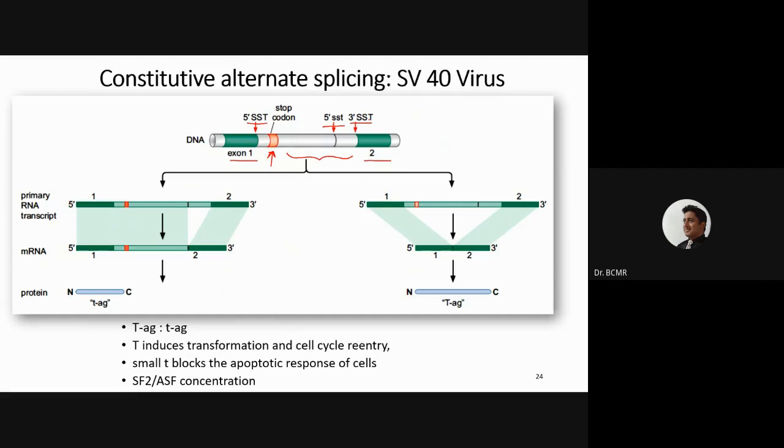So there are two ways of how splicing can occur within this SV40 T antigen. One of it is that splicing occurs between this 5', this is something like a pseudo splice site. Yes, 5' splice site here, and this is how splicing would occur.